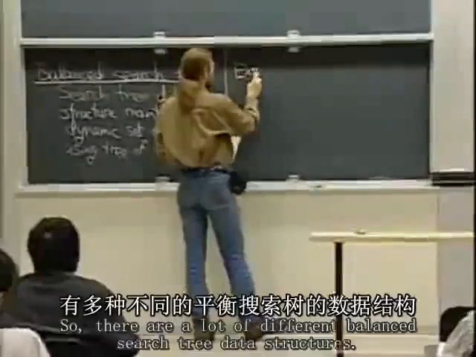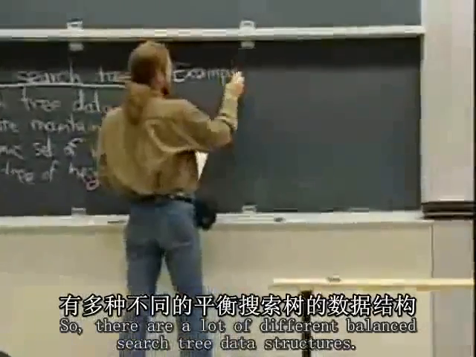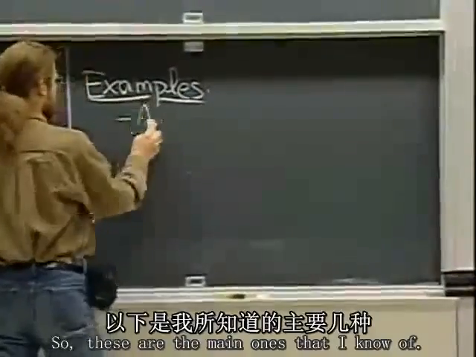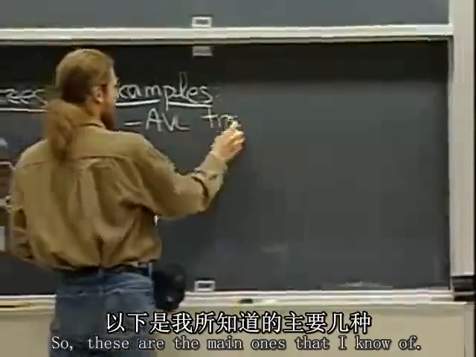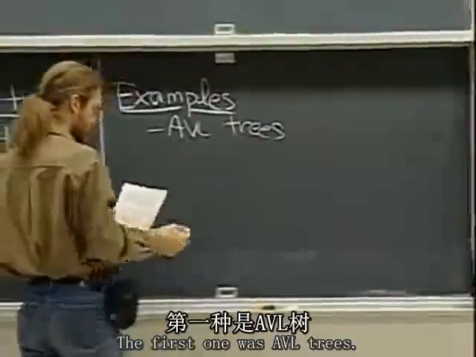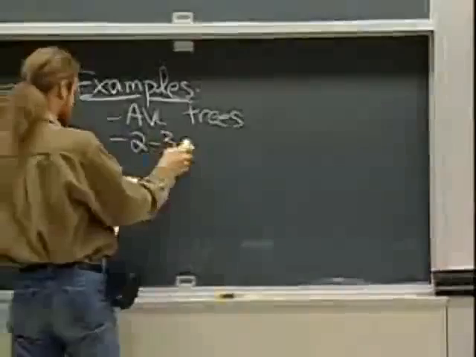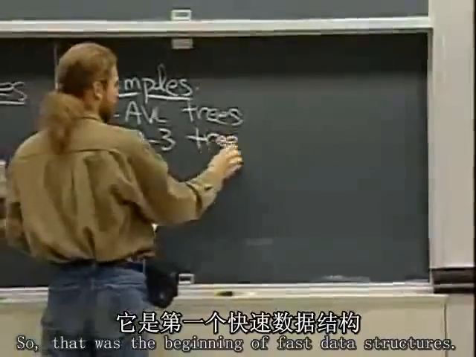There are a lot of different balanced search tree data structures. These are the main ones that I know of. The first one was AVL trees. This was invented in 1962, so that was the beginning of fast data structures.